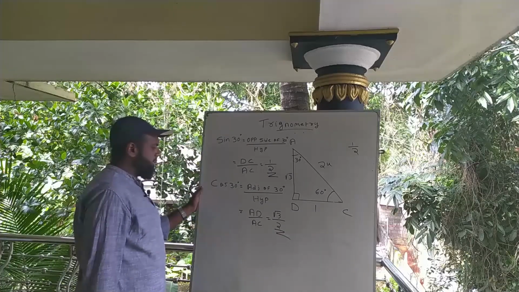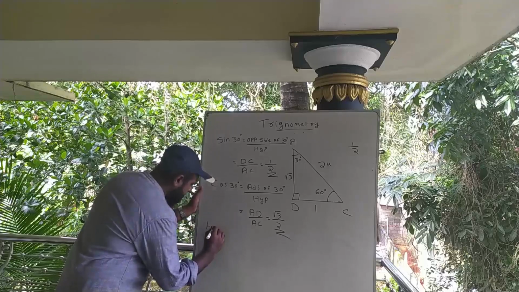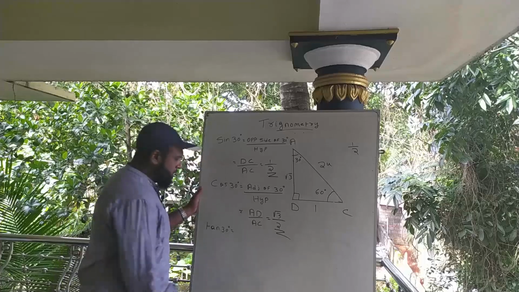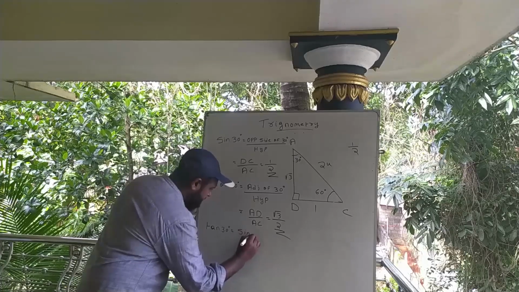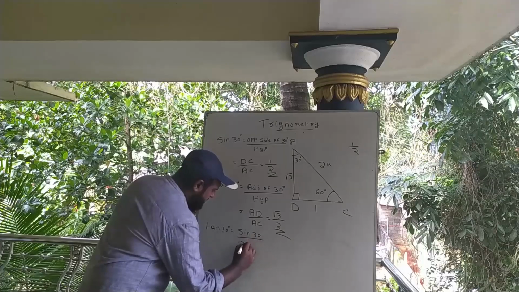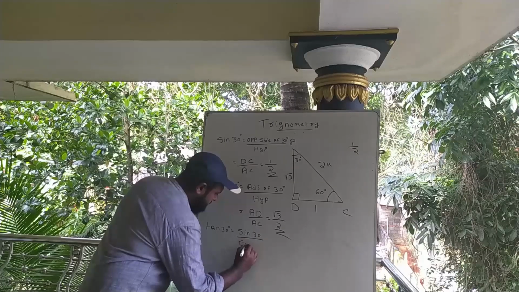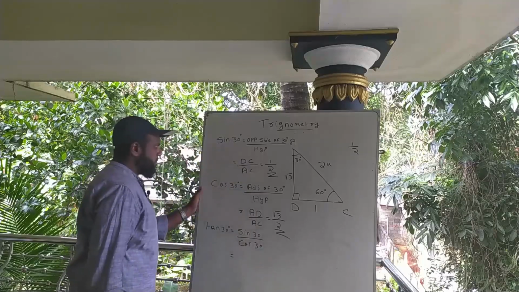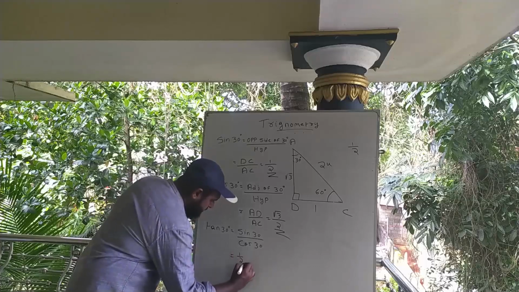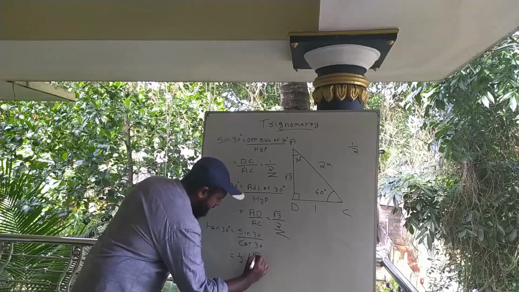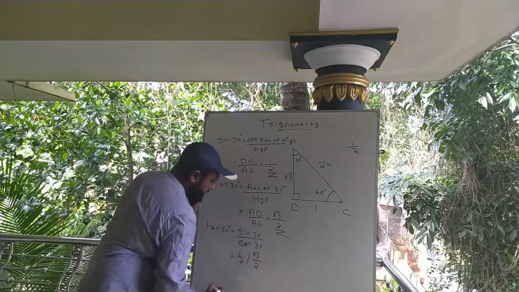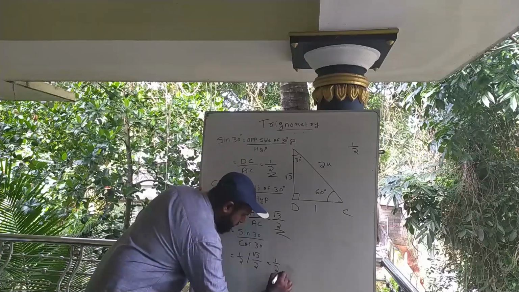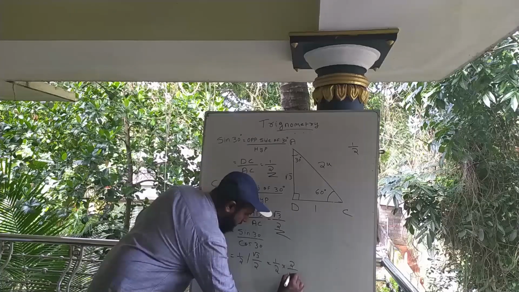Sin 30, cos 30. What is tan 30? Tan 30 equal to sin 30 by cos 30. What is sin 30? 1 by 2 divided by root 3 by 2 equal to 1 by 2 into 2 by root 3.